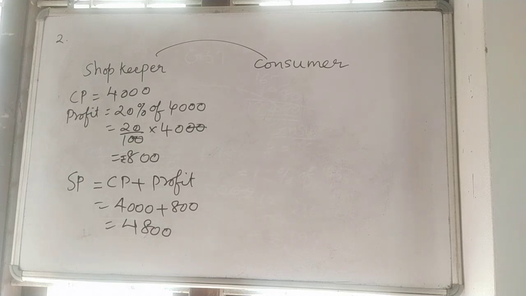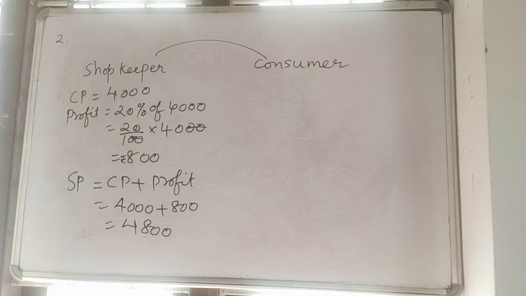Next we want to find out the CGST paid by the consumer. Since the transaction is within the same state, we have to take half of that GST. Given GST is 5%, so 2.5% will go to the state government and 2.5% will go to the central government.